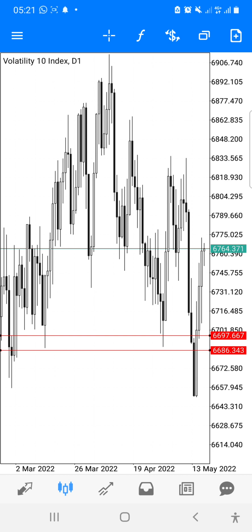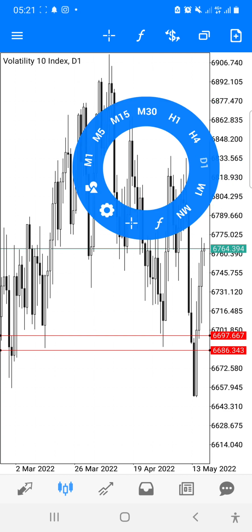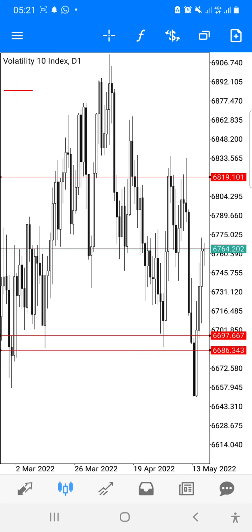It's an arbitrary example, no analysis was done, and you want to buy. You now bought into this imbalance here. So this is our entry.